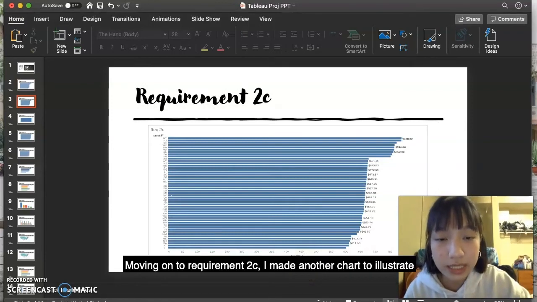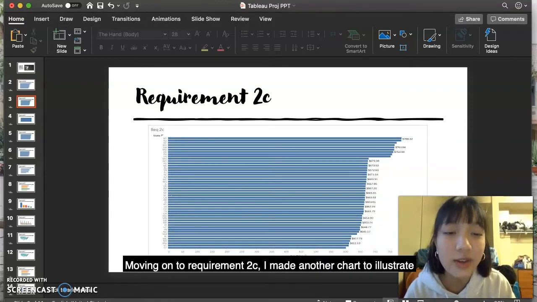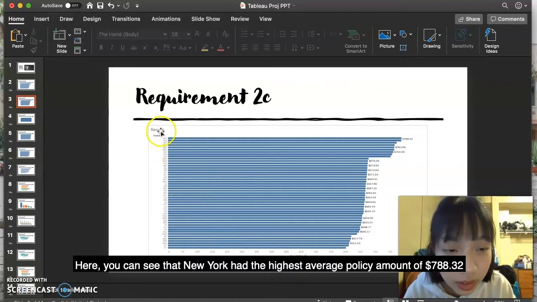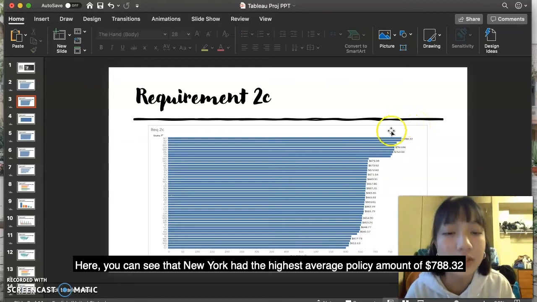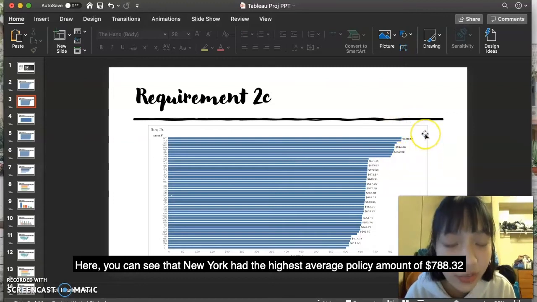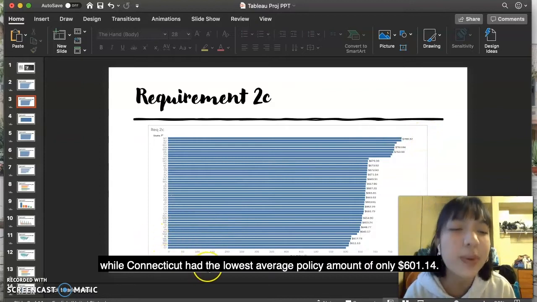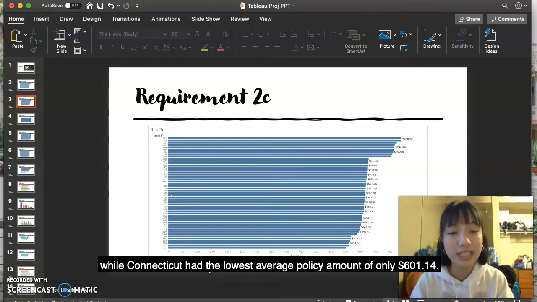Moving on to requirement C. For C, I made another chart to illustrate the average amount of insurance sales within the United States in 2017. Here you can see New York had the highest average policy amount of $788.32, while Connecticut had the lowest average policy amount of only $601.14.